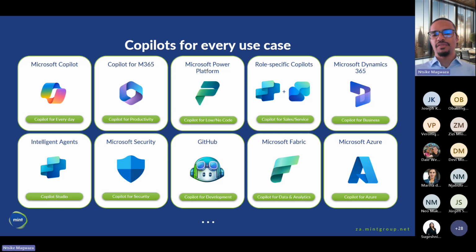Of course, we have Copilot for Dynamics 365, which has a business focus, and a number of others here. And you'll see the little ellipsis that I've included at the bottom. That means that, yes, we have just 10 Copilots listed here, but there are many more Copilots still in the works, such as Copilot for Finance, Copilot for SharePoint, and so on and so forth. So today, we're going to be looking specifically at Copilot Studio, which focuses on intelligent agents.